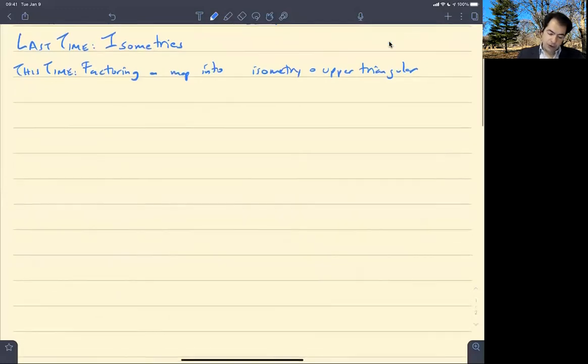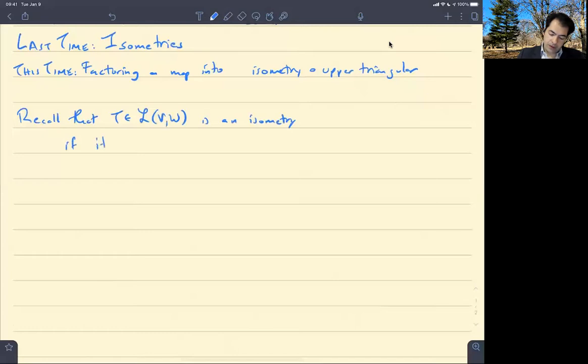Okay, so let's start by recalling. Like we just mentioned a moment ago, a linear map is an isometry if it is an isomorphism and it preserves the length of vectors.